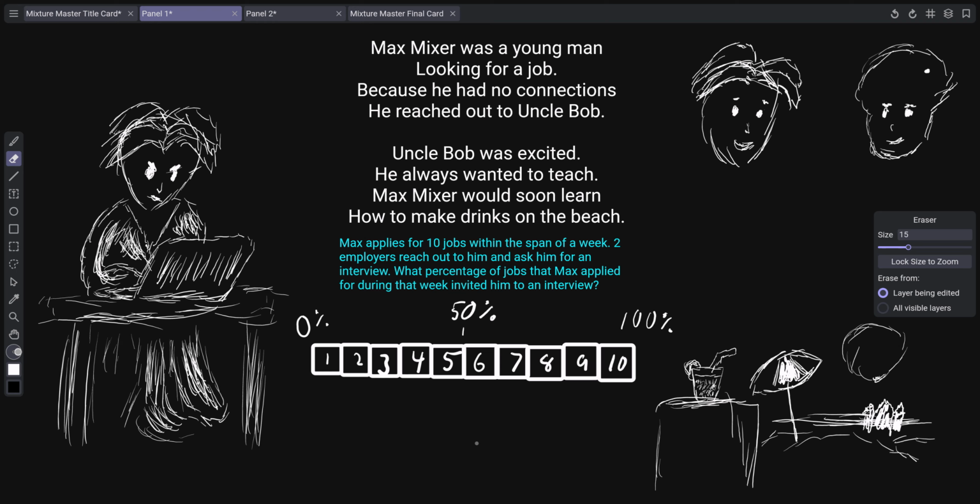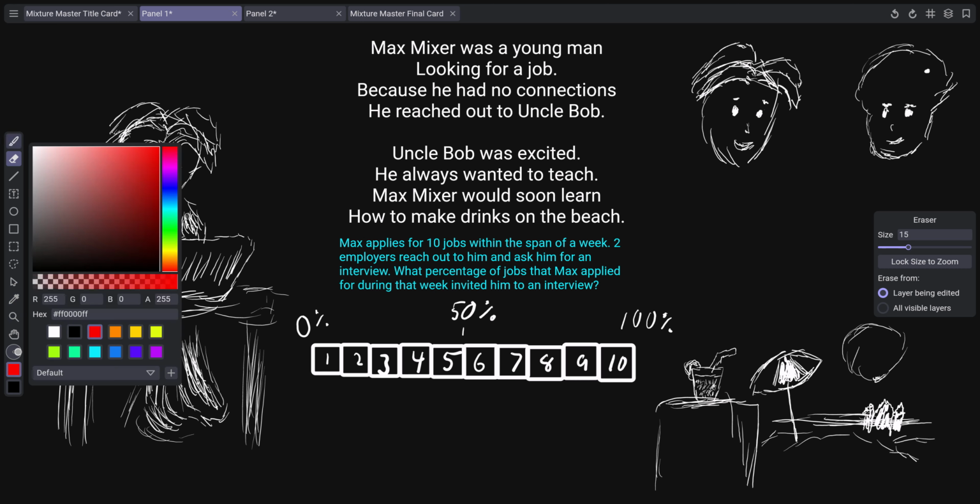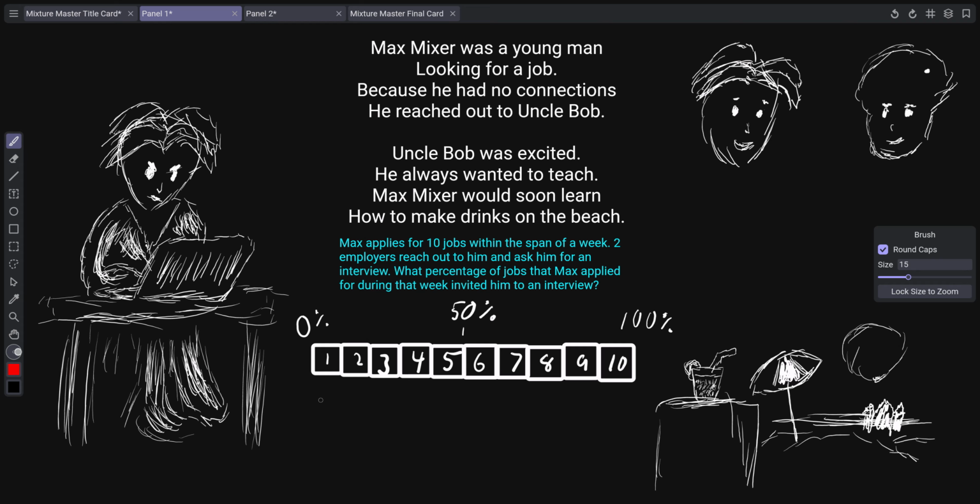So in order to solve for a percentage, a lot of the times you want to put the smaller number over the larger number and use division. So I want to show you a mistake that you could make if you were to put the larger number over the smaller number.